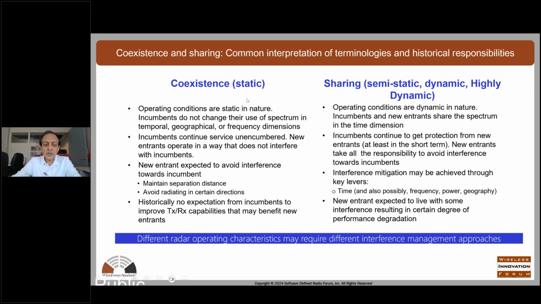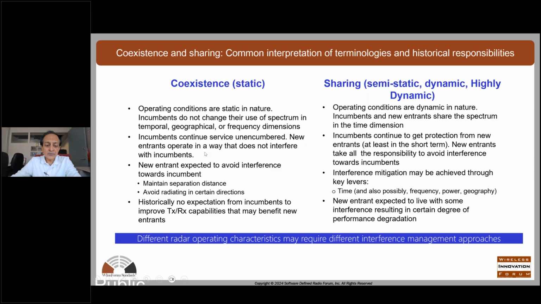Now, what do we mean by coexistence? Typically, this is static. That means the operating conditions are static, and incumbents do not change their use of spectrum in temporal, geographical, or frequency dimensions. So the incumbents basically continue to operate however they have been operating, and their service is unencumbered.